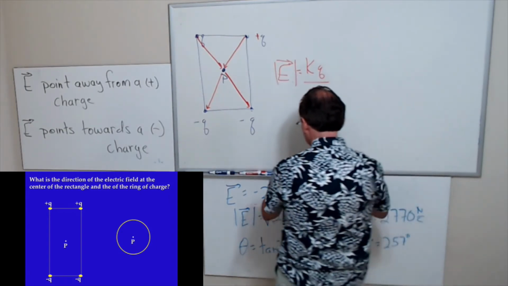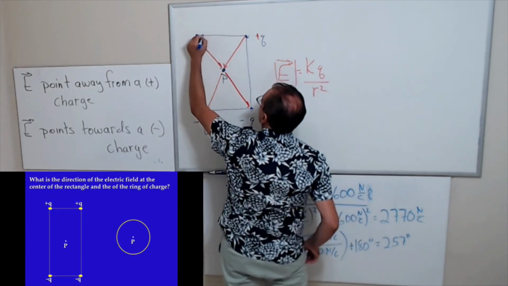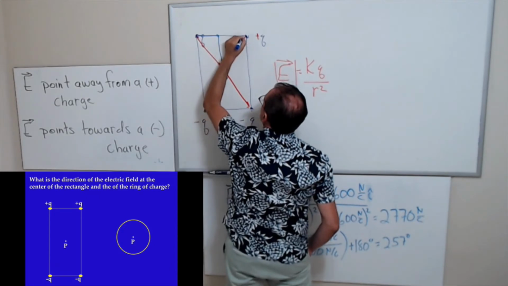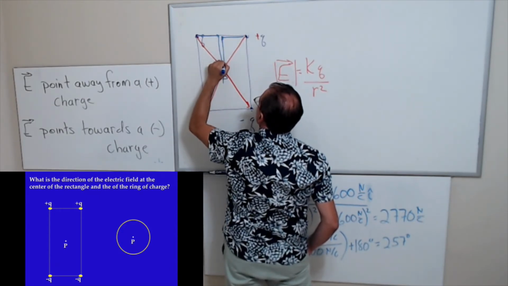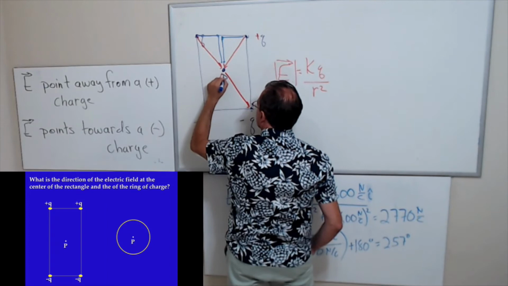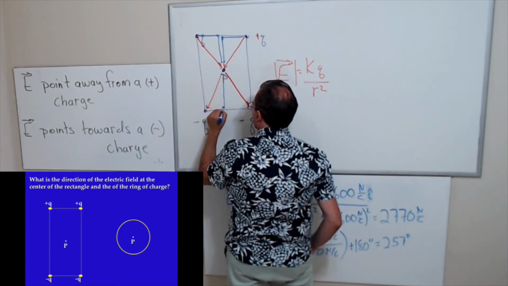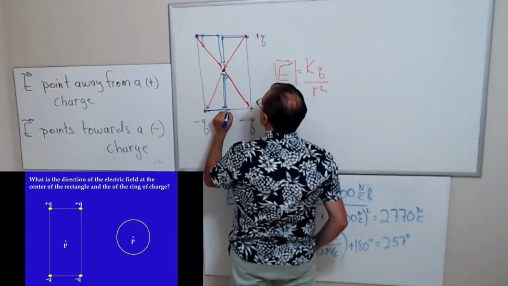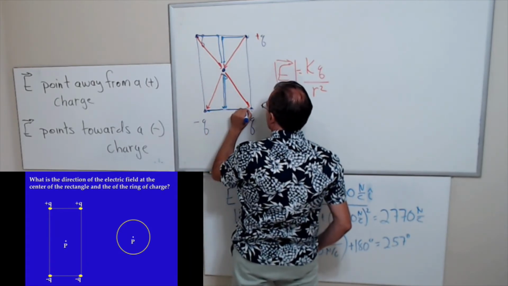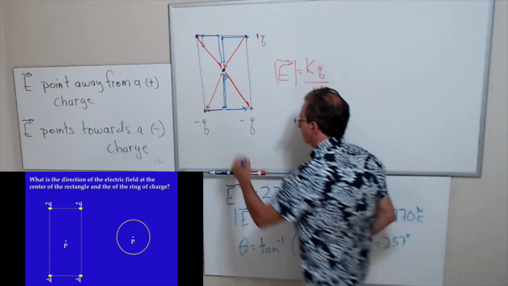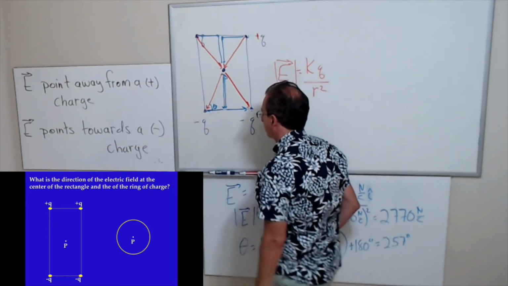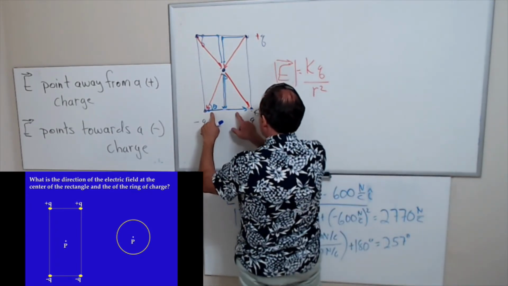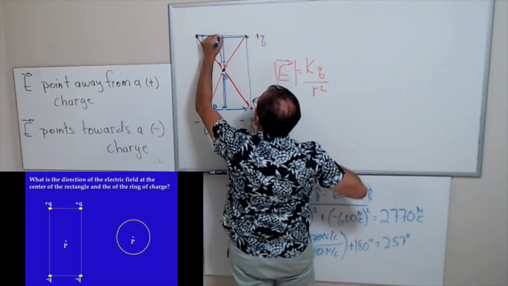If I resolve these fields into components, what does it say about these x components and these x components?